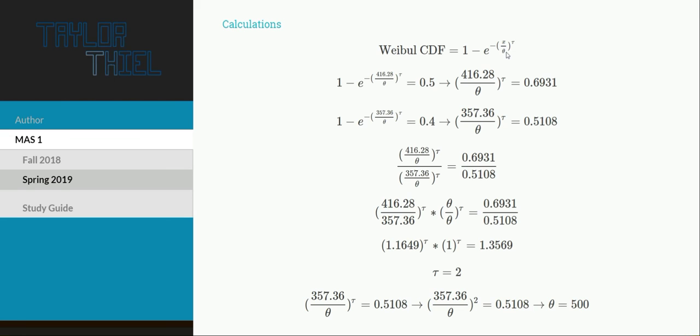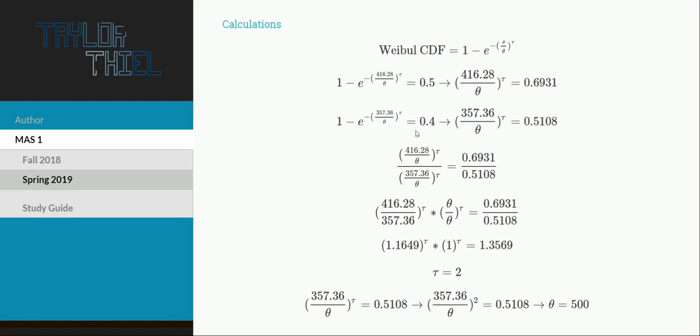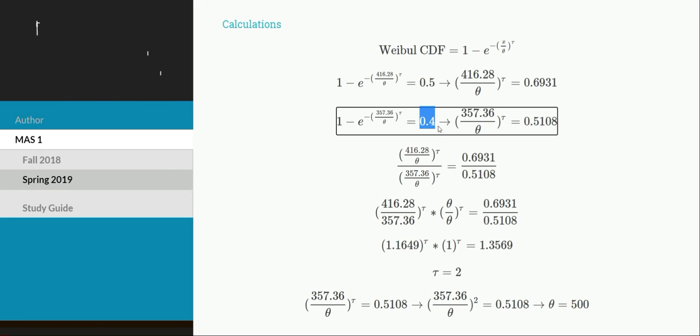So we now know what the CDF is, and we know that when we simulated a value of 0.5, that equaled 1 minus e to the power of negative x over theta to the power of tau, where the simulated x value was 416.28, and then there's this theta and tau. We can do the exact same thing with 0.4 down below: we simulated a uniform 0.4, and that resulted in a simulated x value of 357.36, along with the rest of this.